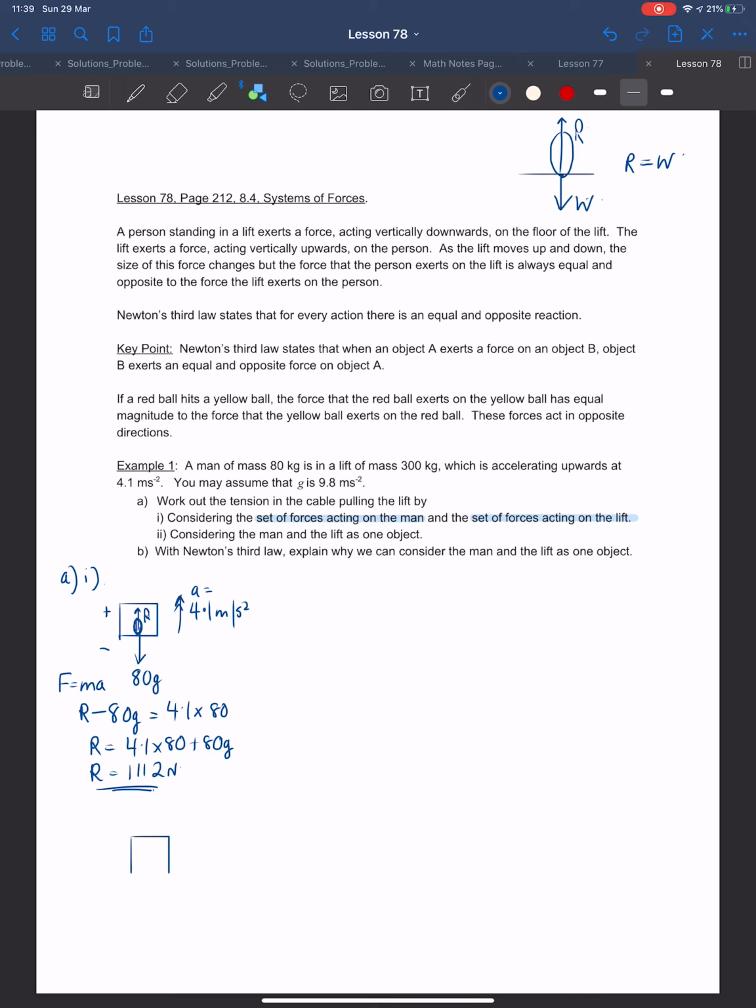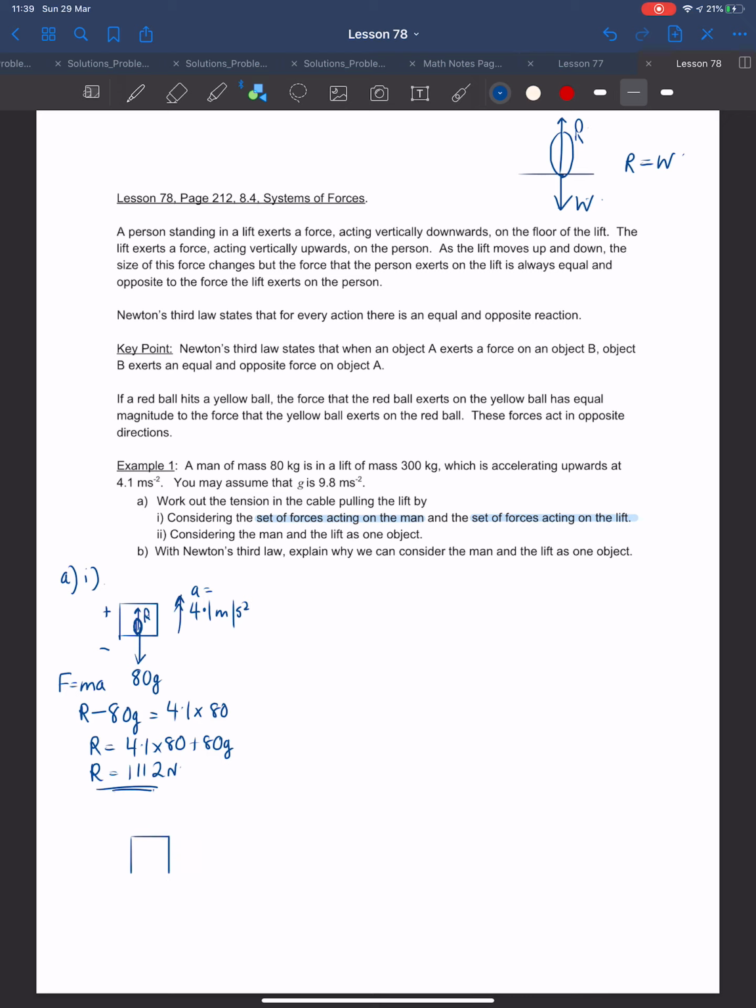So T minus 1112 minus 300 times 9.8 is the mass, now we've accounted for the mass of the man in the 1112, so it's just the lift now, 300 times 4.1.